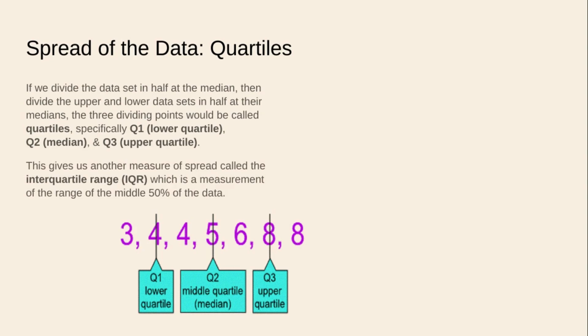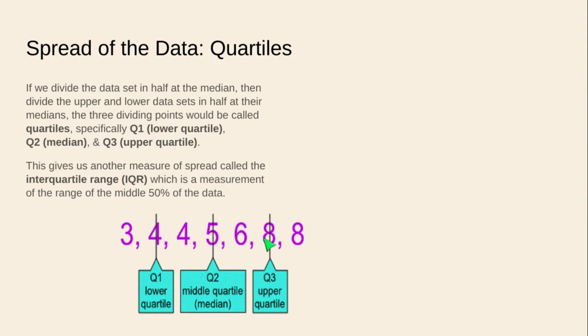This gives us another measure of spread called the interquartile range, right? That is a measurement of the range of the middle 50% of the data. Now, why is that? Well, if you look at how these data are divided up, between Q1 and Q3 is going to be about 50% of the data.